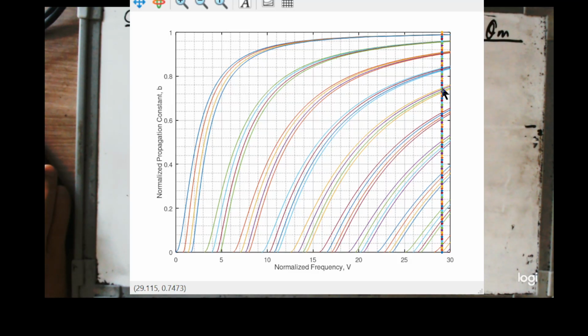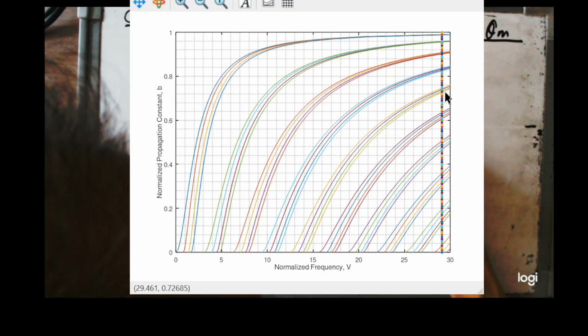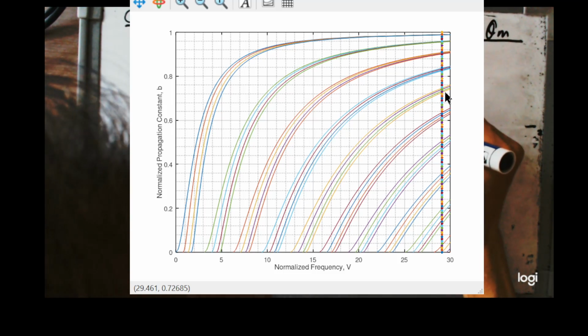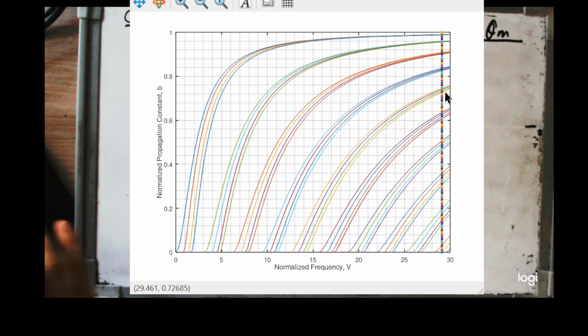So 0.744. And here, you need to point the cursor at the uppermost one, 0.636.